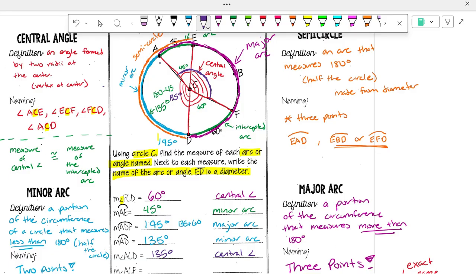We know that this arc right here, ADF, is 195. When we're talking about angles, they have to be less than 180 degrees. So this big angle that I marked right here, if I know that this side is 195, how do you think I would find this side? Take it away from 360.